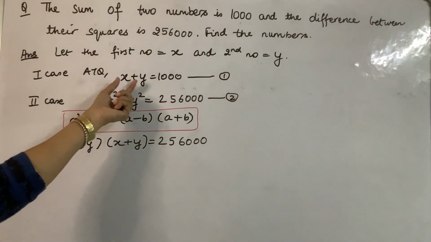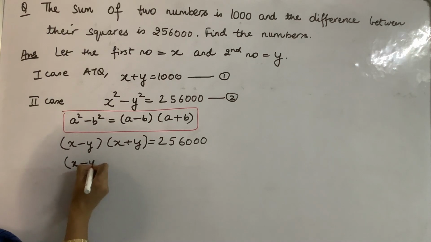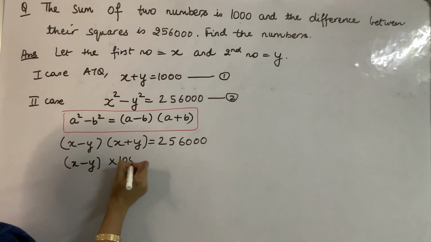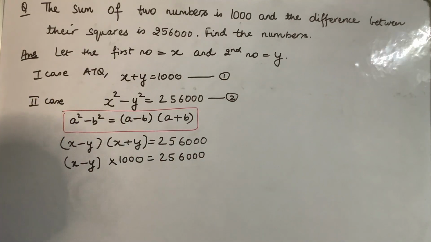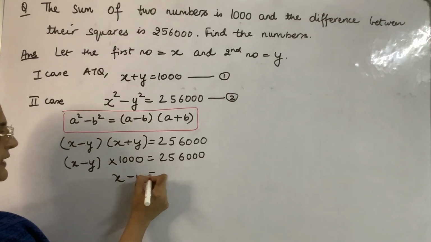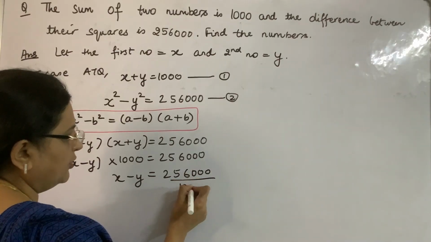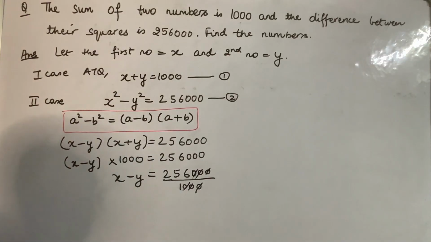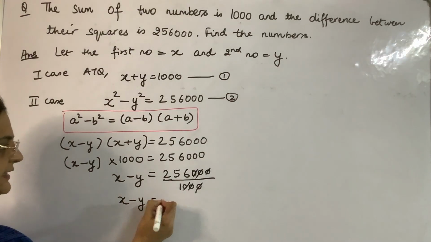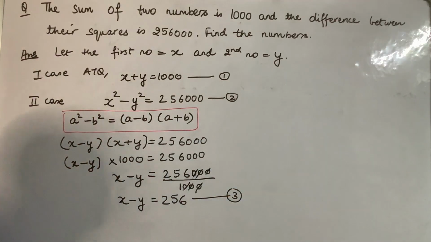But the value of x plus y we already have. Let us substitute. So x minus y into 1000 is equal to 256000. 1000, pull it here. So x minus y becomes 256000 upon 1000. Cancel, cancel, cancel. So you get the equation x minus y is equal to 256.